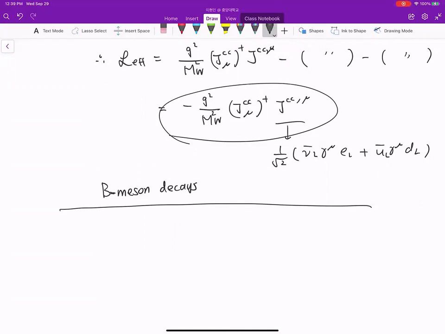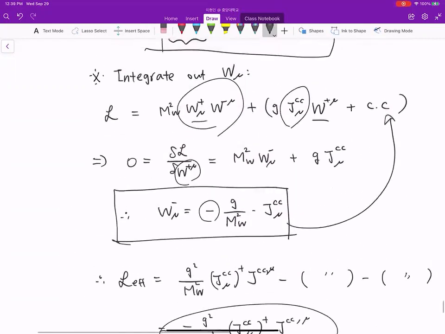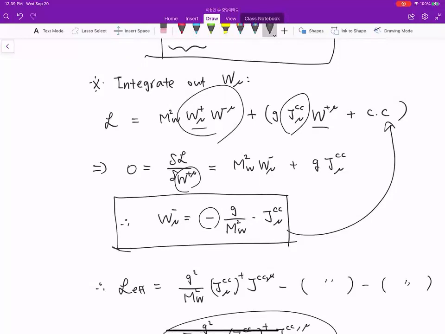So integrating out means the particles are massive, so they almost do not fluctuate. Is that right? Yes, you're right. Here, because we are ignoring the kinetic term, the W boson is a non-dynamical degree of freedom. You can think of it as an auxiliary field. And if you have an auxiliary field in the Lagrangian, you can use the equation of motion for it.